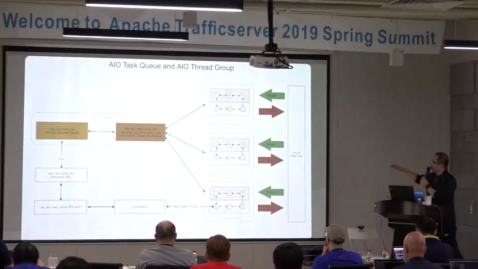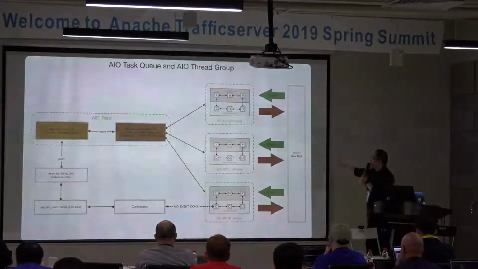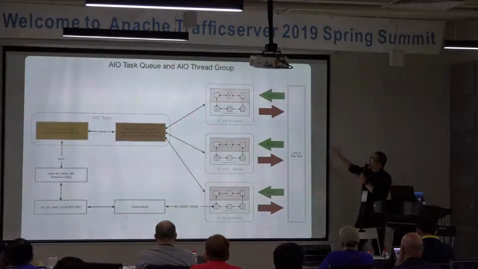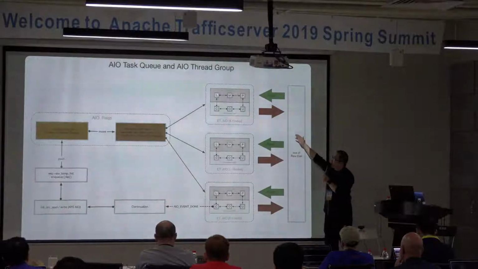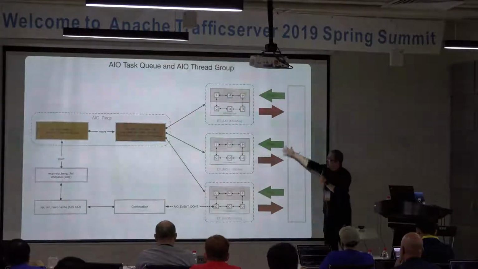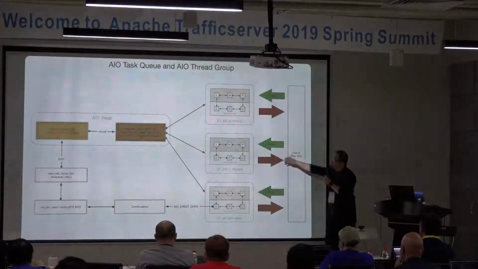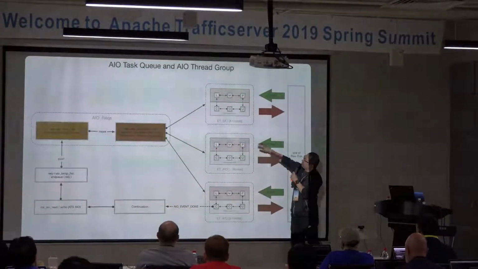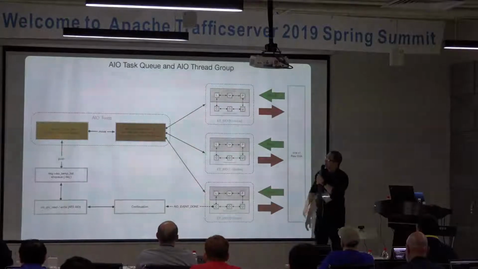So if you have one raw disk, we can create at the maximum 8 AIO threads. This is 0, 1, 2, 3, up to 8.